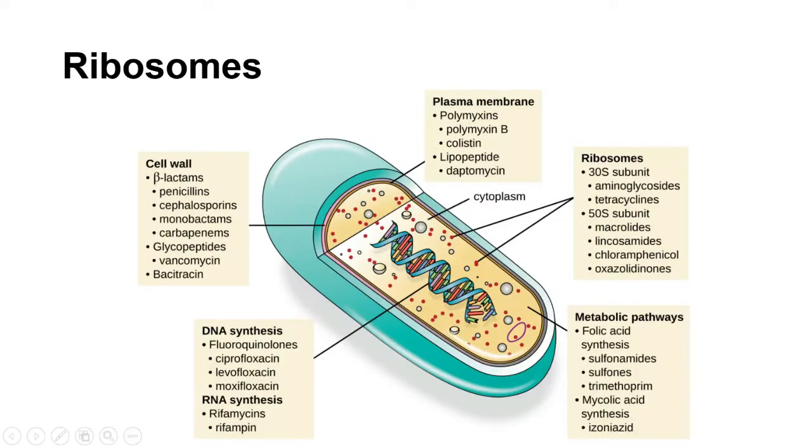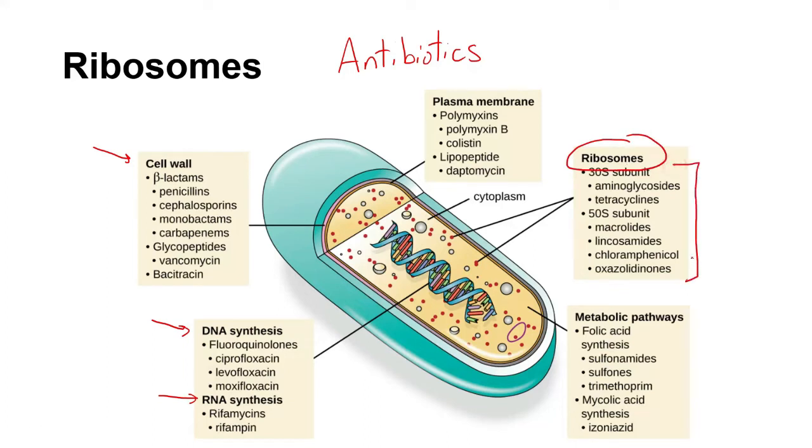We already take advantage of stopping transcription and translation when we use antibiotics. They target different parts of the bacterial cell, either the cell wall or even the replication by targeting DNA synthesis or even RNA synthesis. So some of them actually do target transcription. But the ones I want to focus on are the ribosomes. Some antibiotics, like the ones you see listed here, target specific parts of the ribosomes.